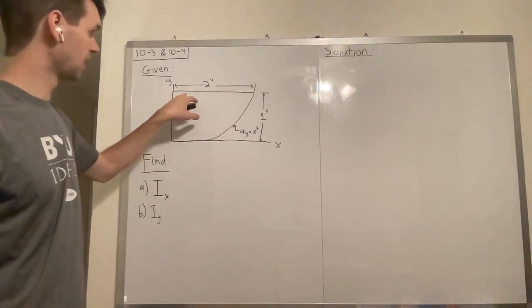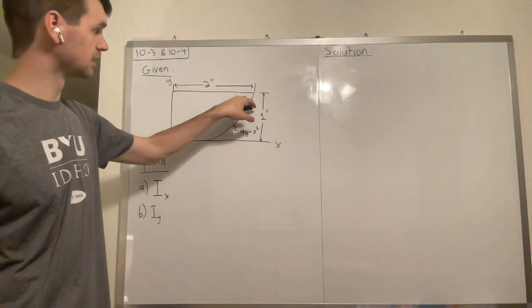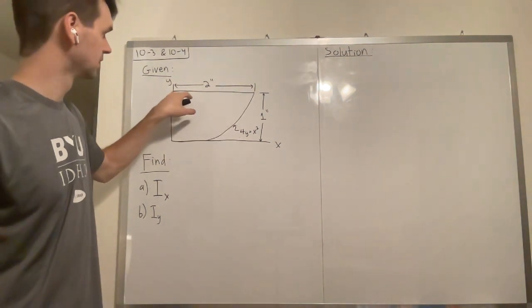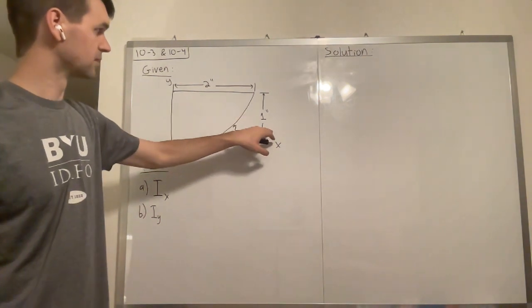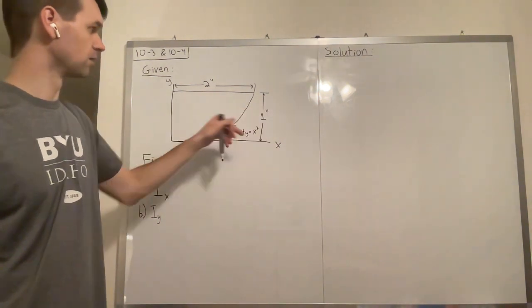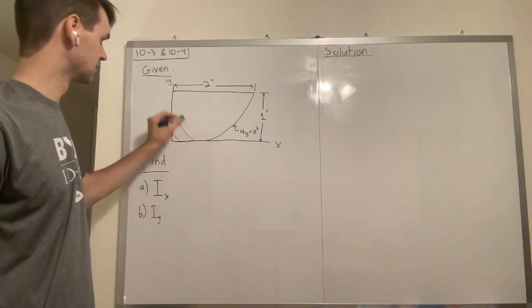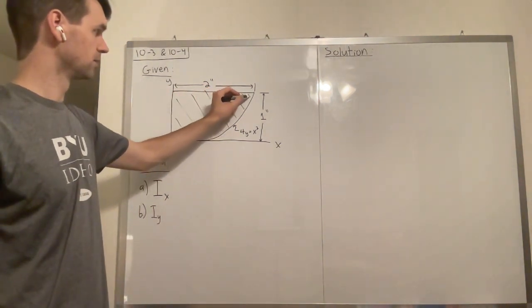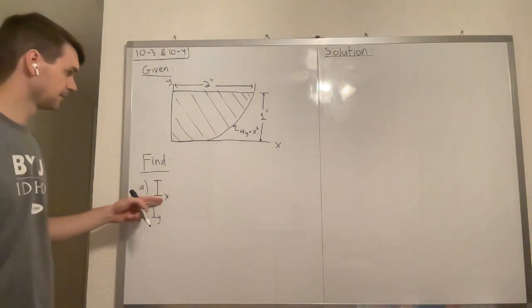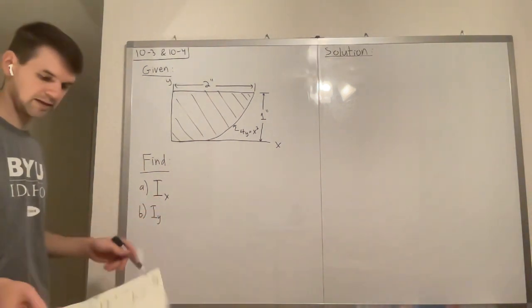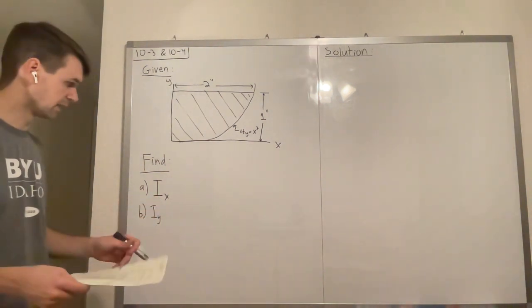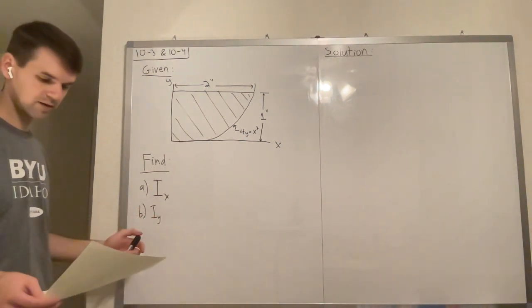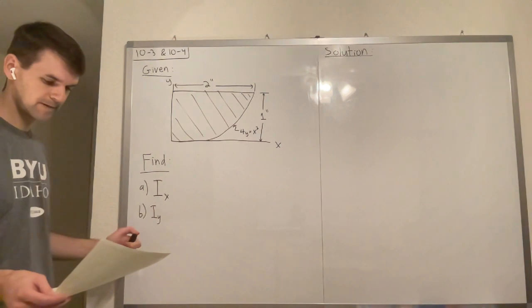It goes 2 inches in, it's capped off by a straight line that's 2 inches long, and the shape total is 1 inch tall. So the shape of interest is this shape here. And we're asked to find the Ix and the Iy, and these are about the x-axis and the y-axis.